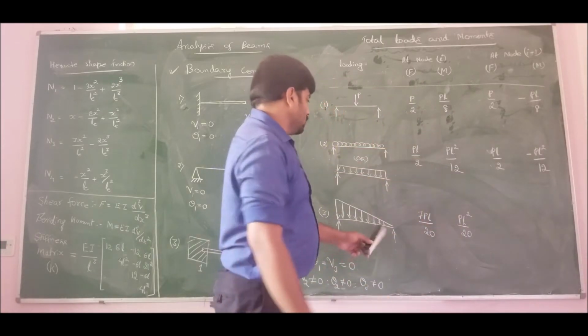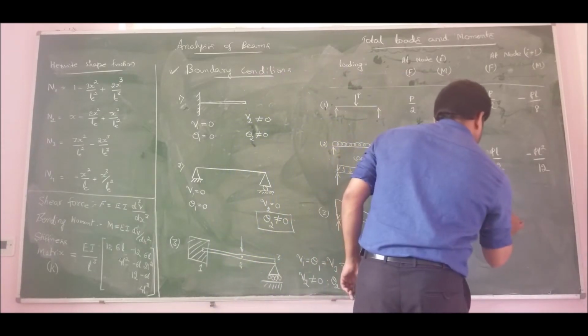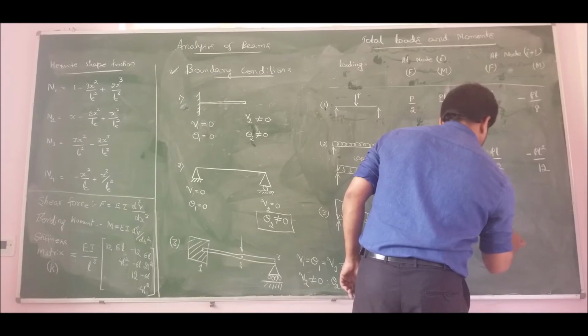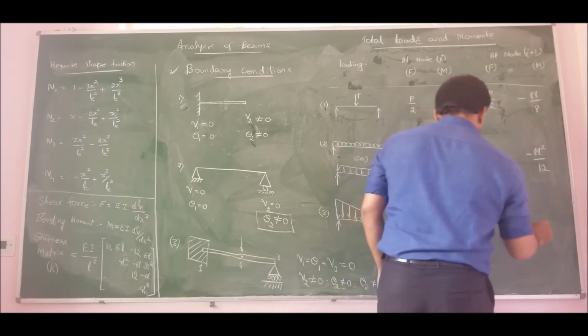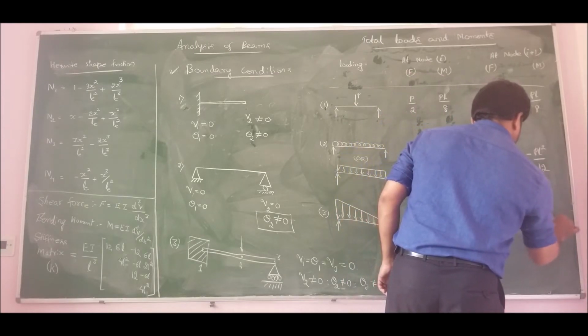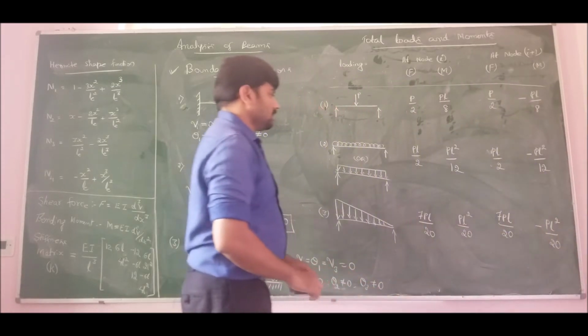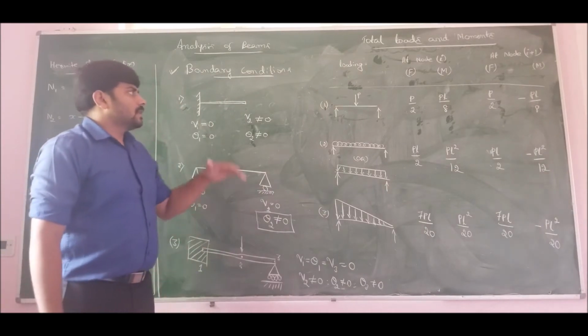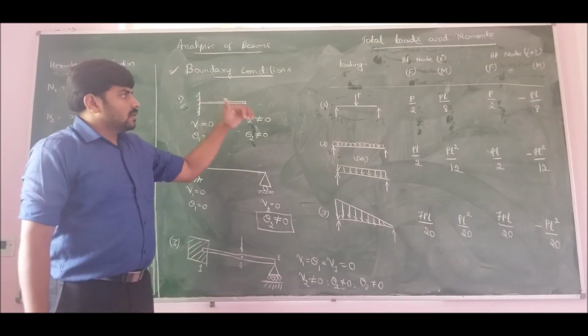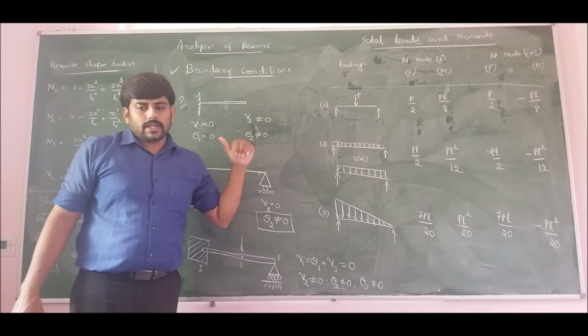At node 2, the load will be 7 PL by 20 and the moment will be minus PL square by 20. So these are the different types of loading conditions on beams that you are going to encounter.